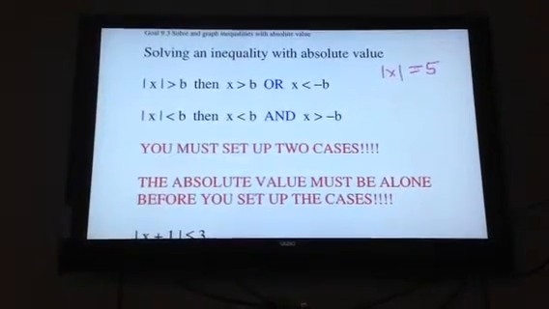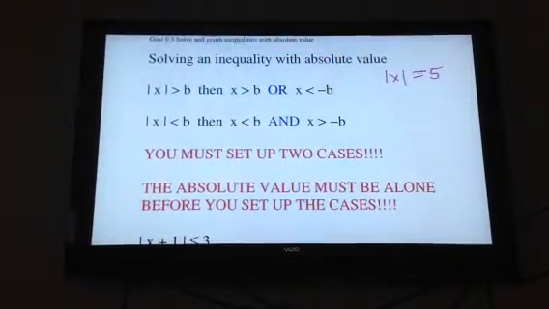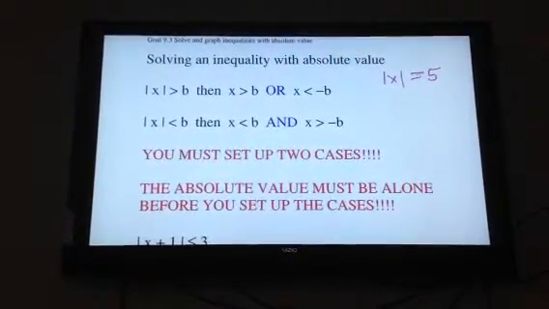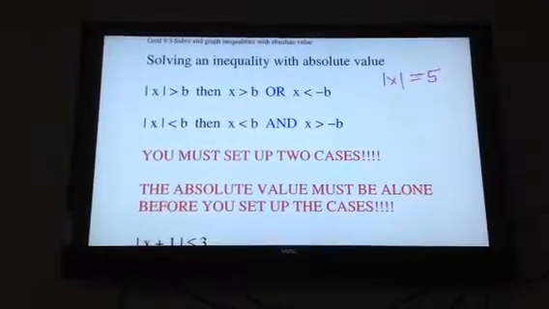So when you are solving an inequality with absolute value, you have to remember the same thing, that you have two solutions, or kind of two things you have to look at, okay?